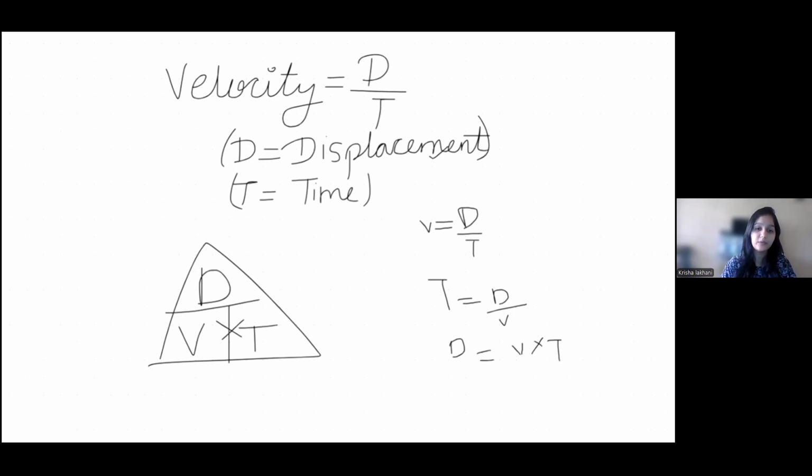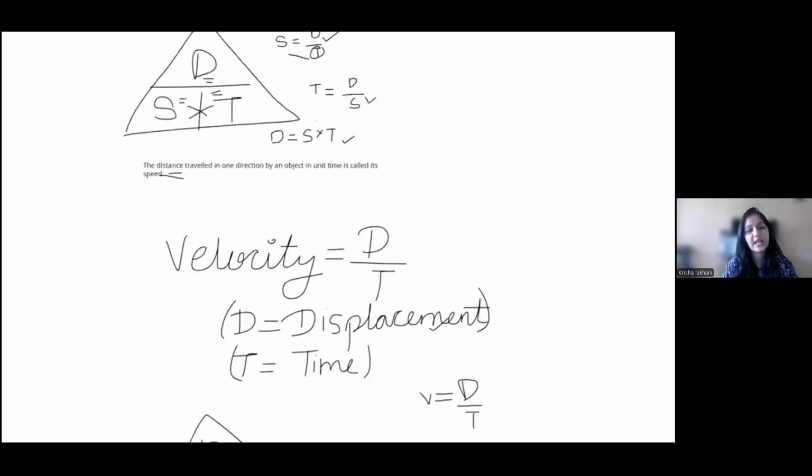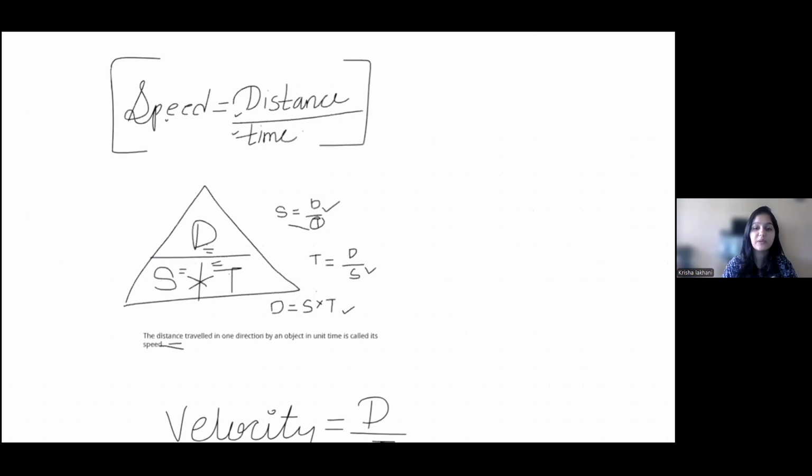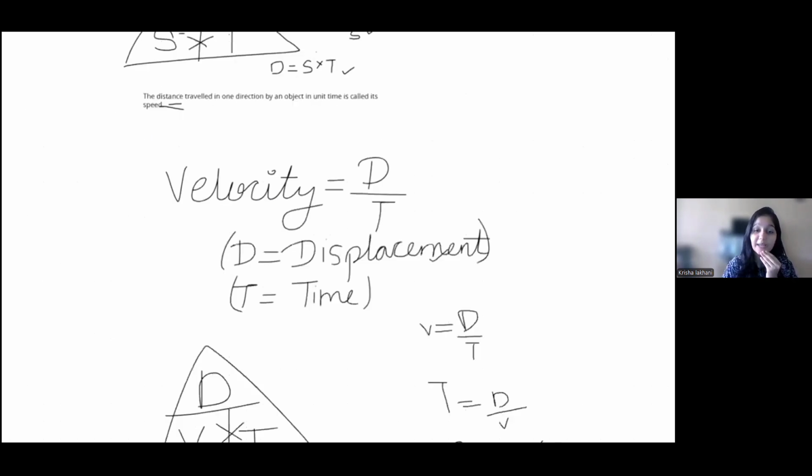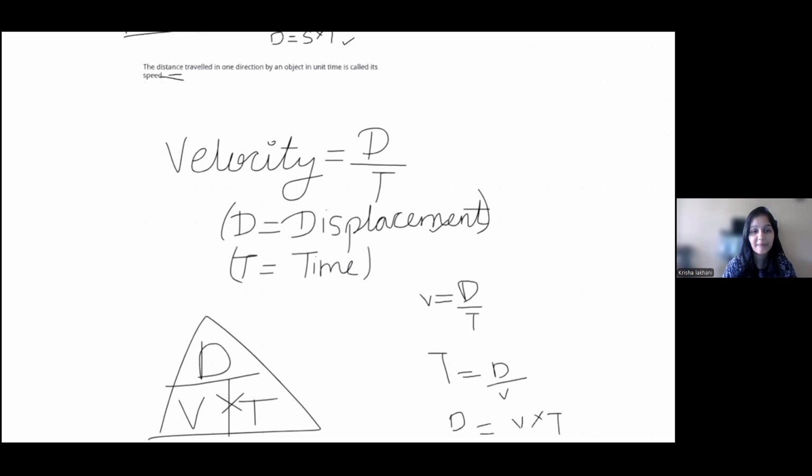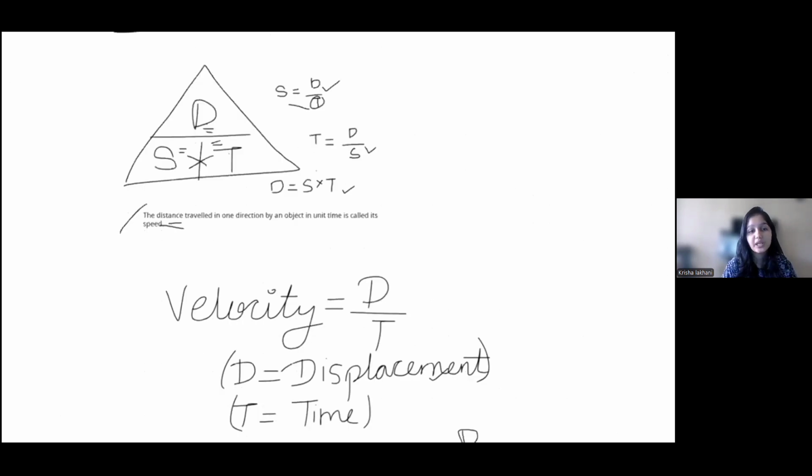Now let's come to this SI units and the displacement. Before that, please write the definition for it. Same definition, this same definition with a change in the word of distance to displacement. That's it. No other change. Only distance will be changed to displacement.